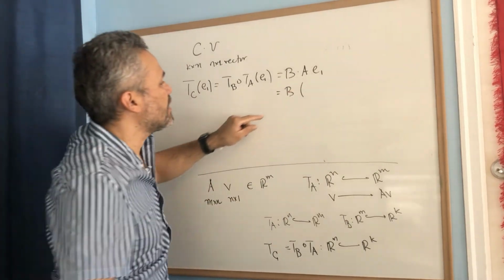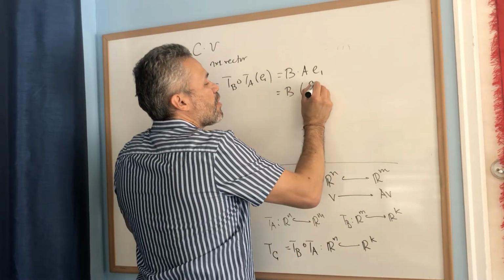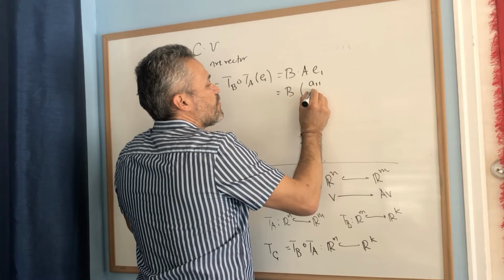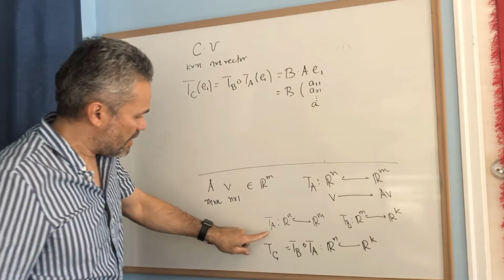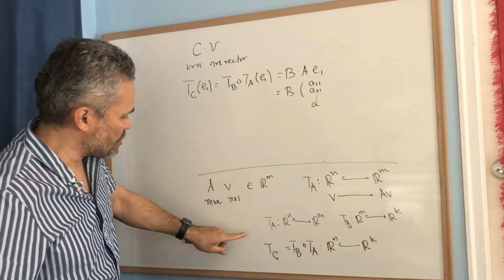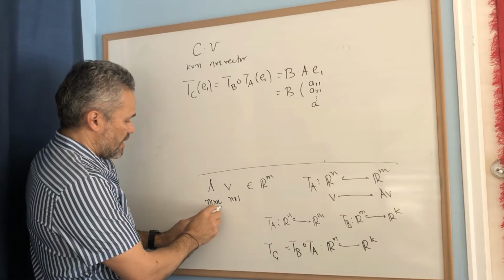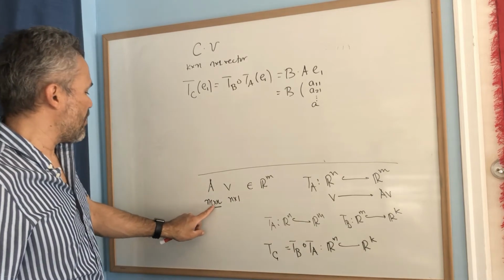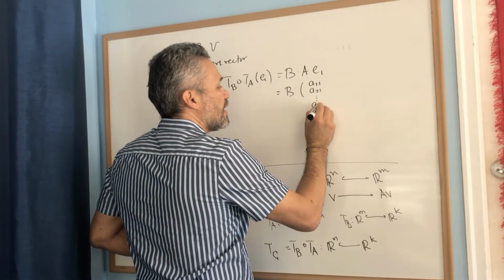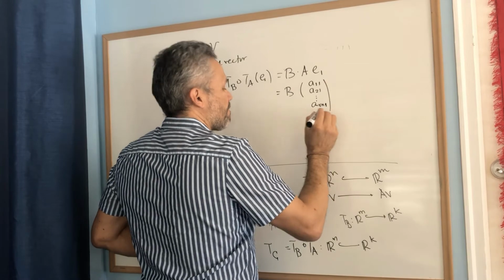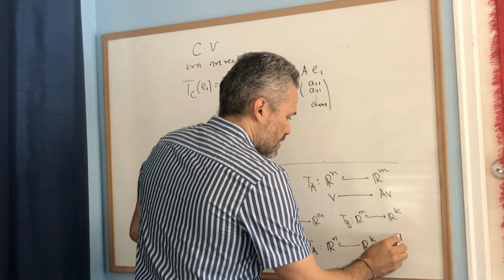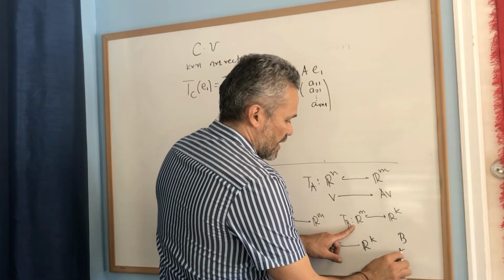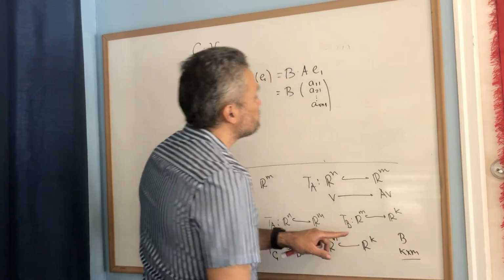A of e1 is just the first column of the matrix A, which is (A11, ..., Am1). The matrix A has dimension m by n, and the matrix B is a matrix of dimension k by m.